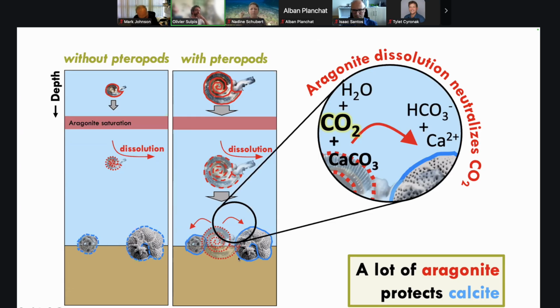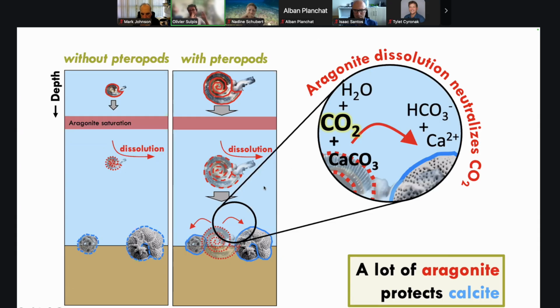Now, if we live in a world where those pteropods are abundant, they actually do reach the seafloor, and it's because they reach the seafloor that they dissolve there, because they're highly soluble. They don't have time to be buried, and when they dissolve, they do so with the overall chemical reaction that we looked at before. They neutralize some CO2, so they make the seawater a little bit less acidic, a little bit more alkaline, and they protect calcite.